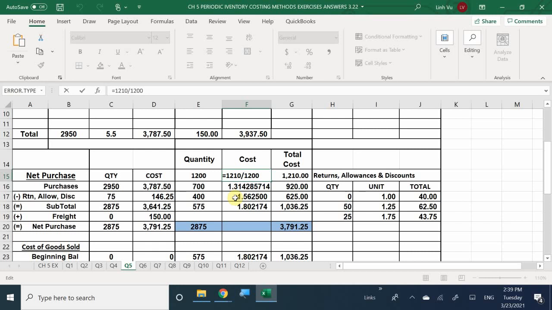It's taking the 1210 and dividing it by the 1200, because we have a new cost, so we need to redistribute the freight over the number of units that you have. If you remember, 1,000 are going to be at $1, while the 200 are not going to be $1. They're discounted by 20%. So that's where you got that number here.